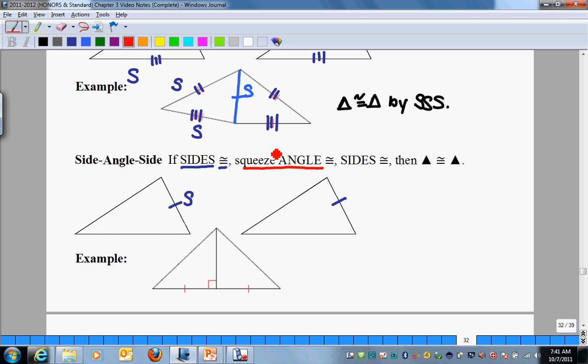That means an angle that's going to be squeezed between the sides. Put an A. And then you have another pair of congruent sides. This shortcut is called side angle side.